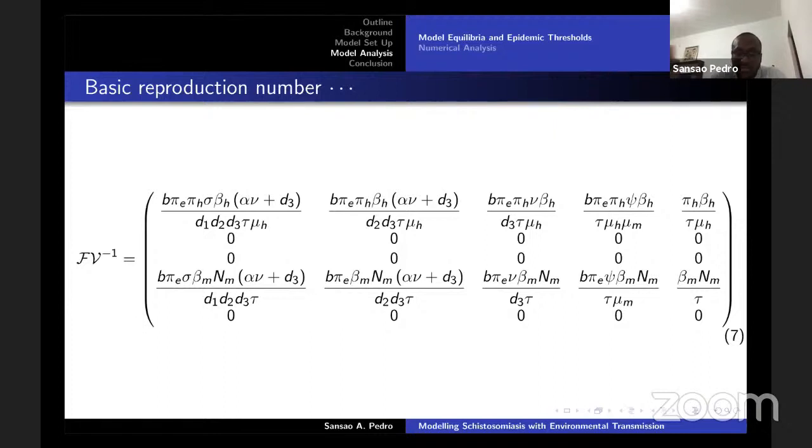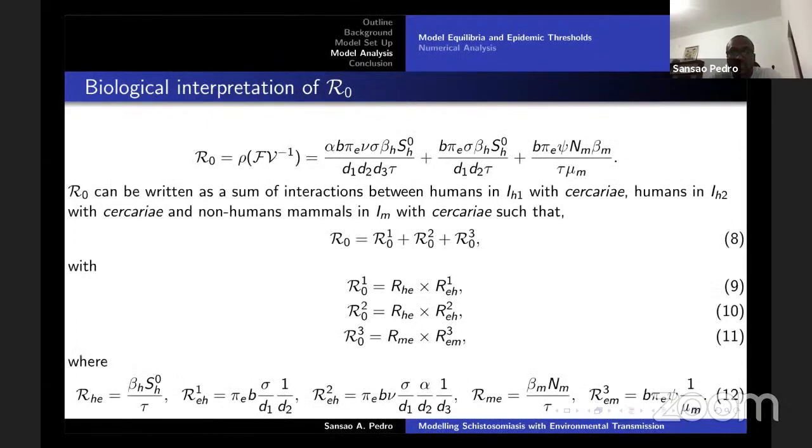So the R naught obtained through this method does not offer the opportunity to separate these. But at least we can look at the interaction and derive various components representing it. We have this component here, which we named R naught 1, which corresponds to interaction between the Cercaria and infective humans in compartment IH1.